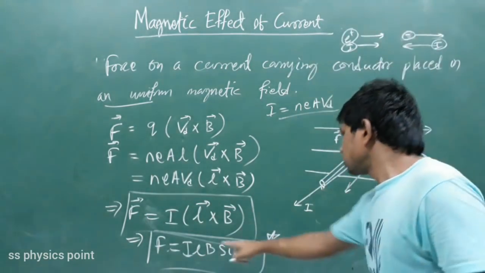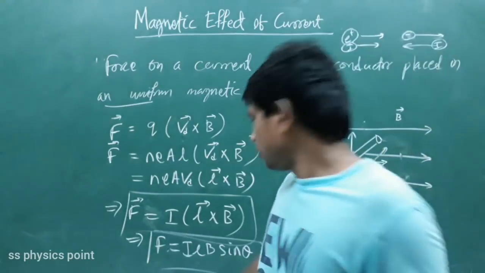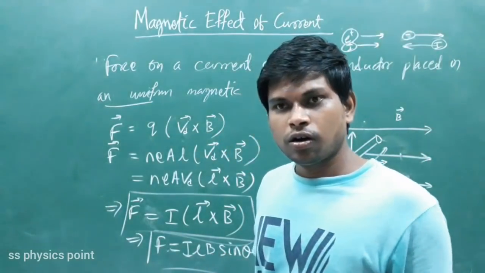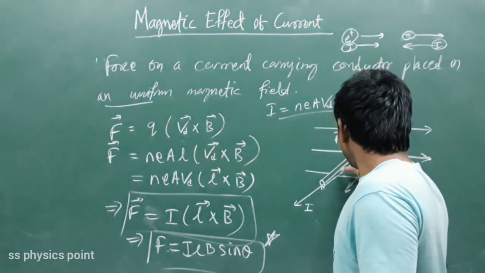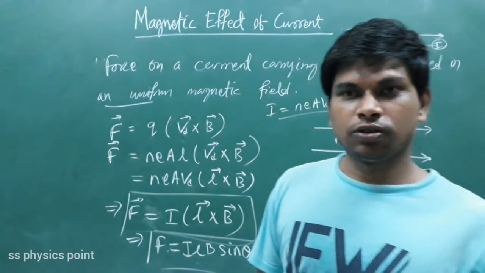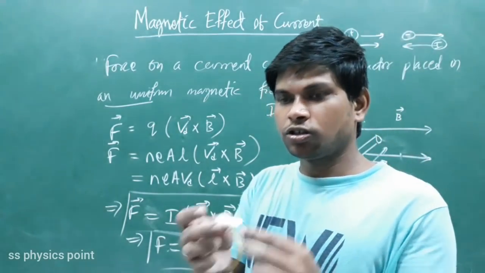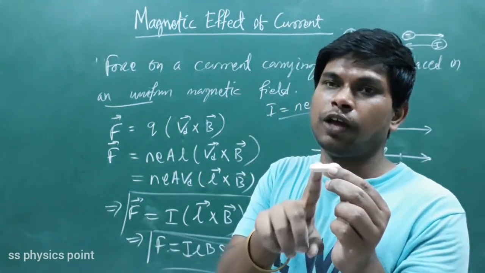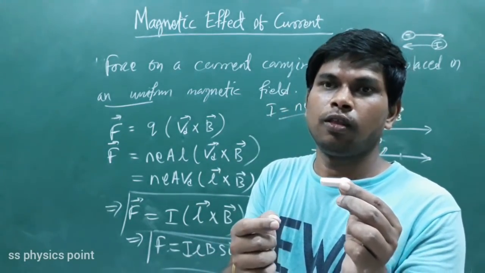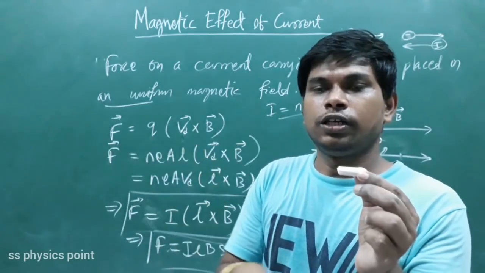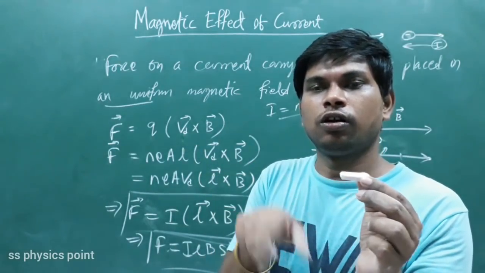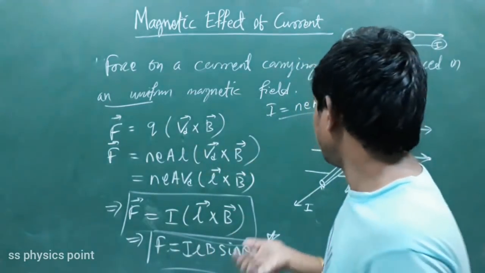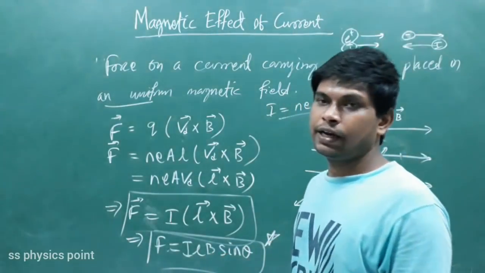Sometimes they will ask the magnitude of the magnetic field. They will give the mass of the conductor. Suppose the mass of the conductor is 10 kg or 5 kg or 20 gram, and current is flowing in this conductor. Calculate the magnitude of the magnetic field.